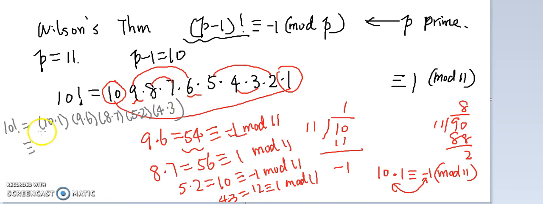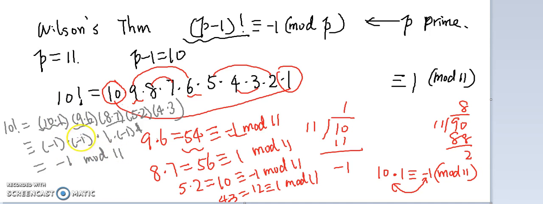This will be congruent to, because 10 times 1 is congruent to -1, 9 times 6 congruent to -1, 8 times 7 congruent to +1, 5 times 2 congruent to -1, and 4 times 3 congruent to +1. We multiply these numbers together. -1 times -1 is +1, +1 times 1 is still +1, times -1 gives us -1 modulo 11.